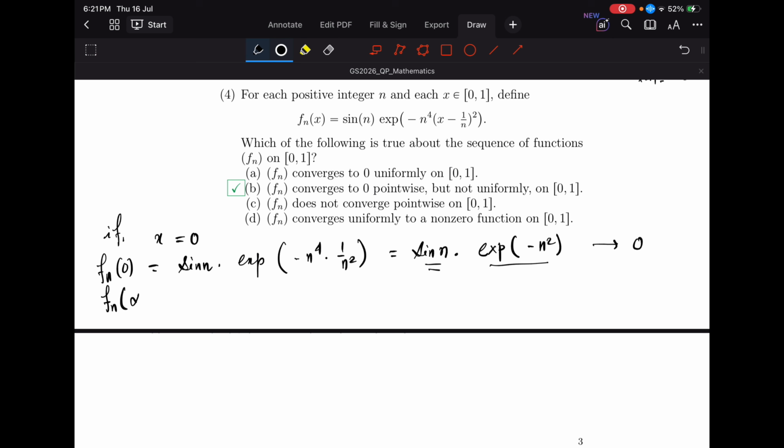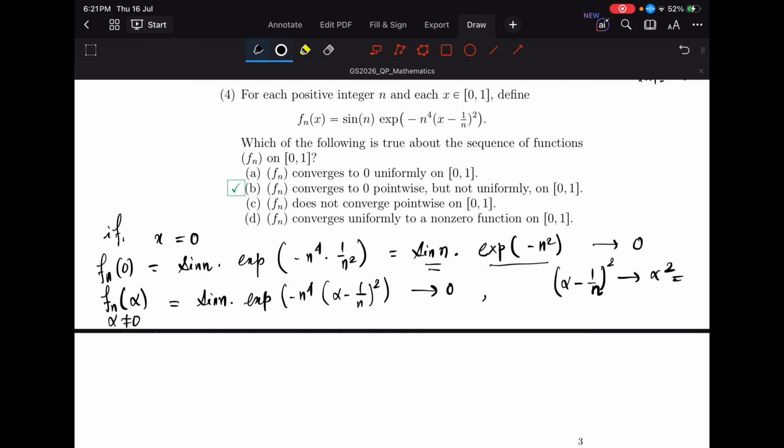And for alpha non-zero, it will be sine of n exp minus n to the power 4 times (alpha minus 1 by n) squared, and this also tends to 0. Why? Because alpha minus 1 by n tends to alpha.